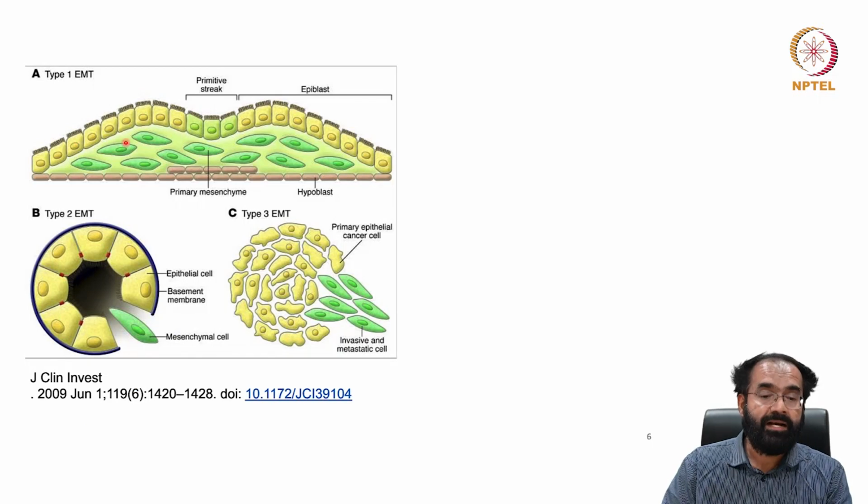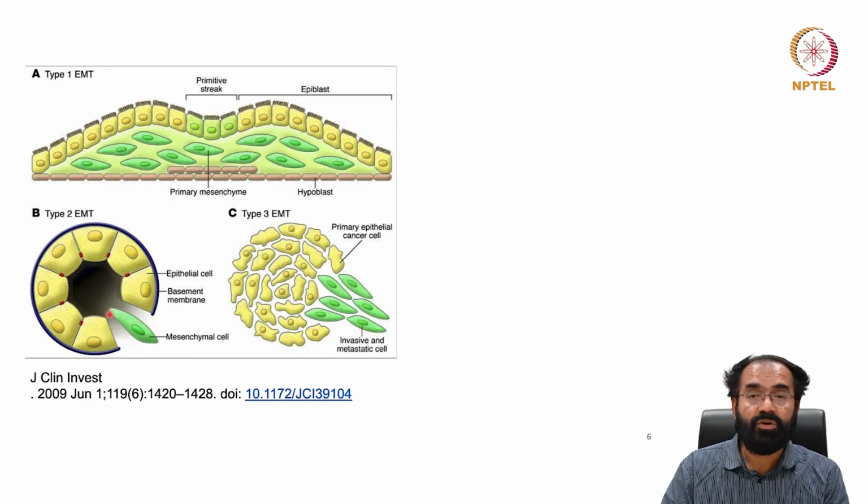You can see here type 1, type 2 and type 3 EMTs. In type 1, the primitive streak is a part of embryonic development, and this is the epiblast, and you can see the primary mesenchyme, and this is the hypoblast. So these are formed during embryonic development. Type 2 is done during the wound healing process. Epithelial cells, a basement membrane is there, and you have a mesenchymal cell which is meant for dealing with this wound or injury.